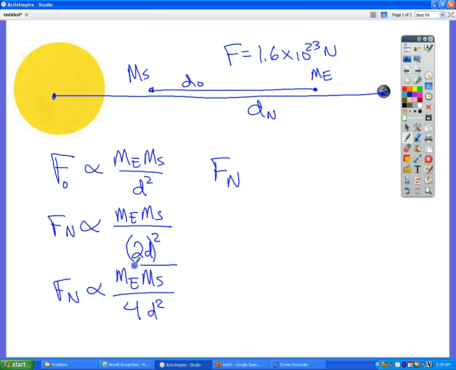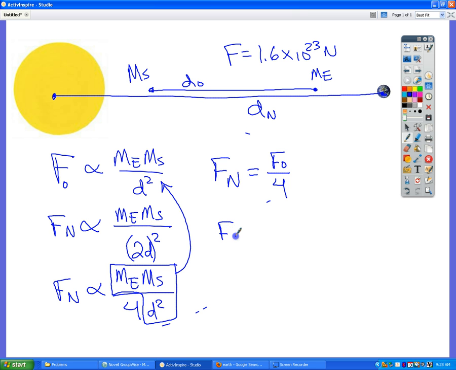So we see that the new force, essentially, since this part right here is the same as what we had originally, we can say that this would be the original force divided by 4. All we did was substitute in this original force on the top, and then we had a new number of 4 down on the bottom, and you'll see that right there.